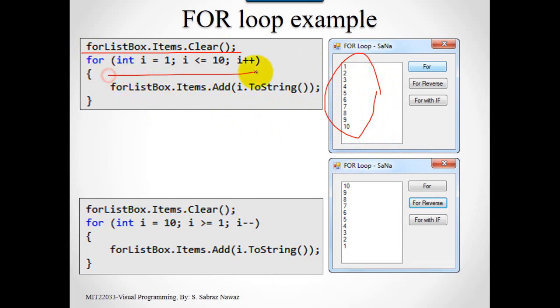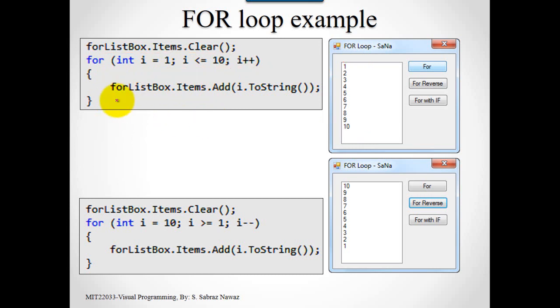Then the for statement comes, int i equal 1. So the counter variable is initialized with the value of 1, and then it is going to check whether the counter variable is less than or equal to 10, and then for each execution of the loop, the counter variable will be incremented by 1. That is what is meant by plus plus.